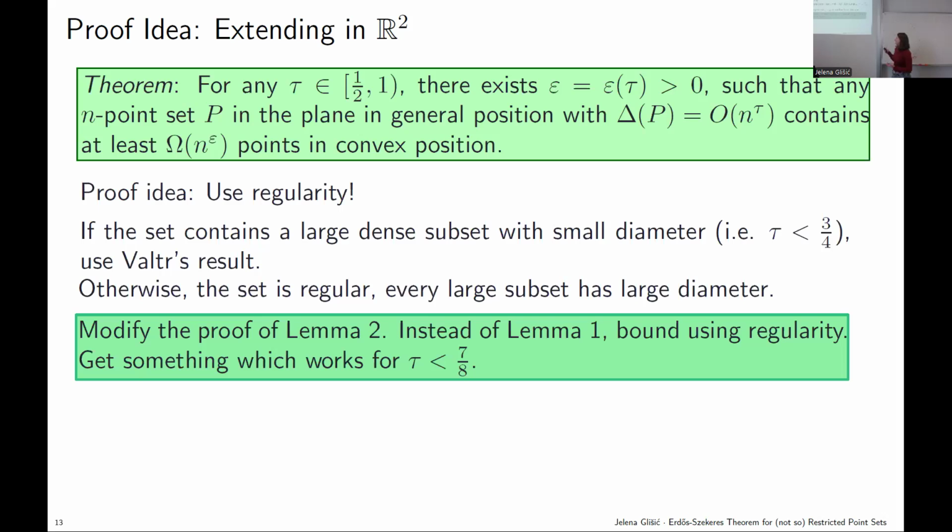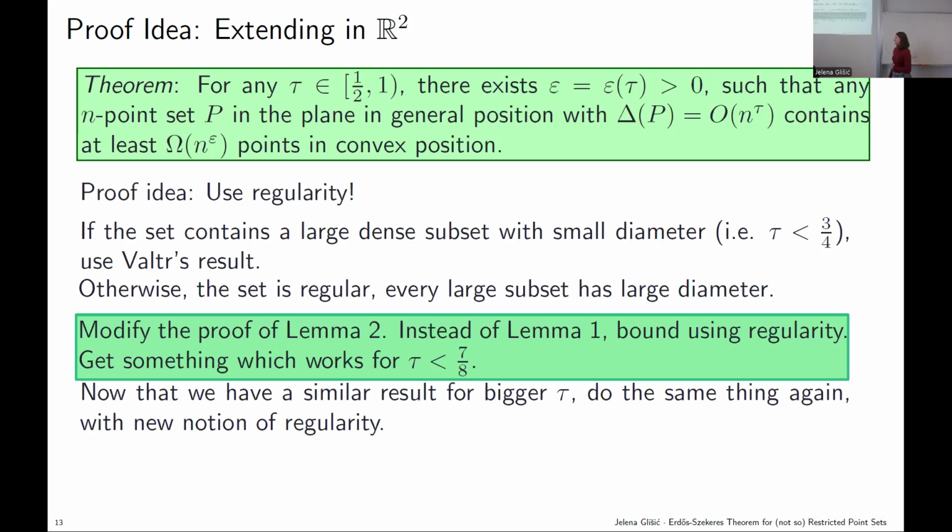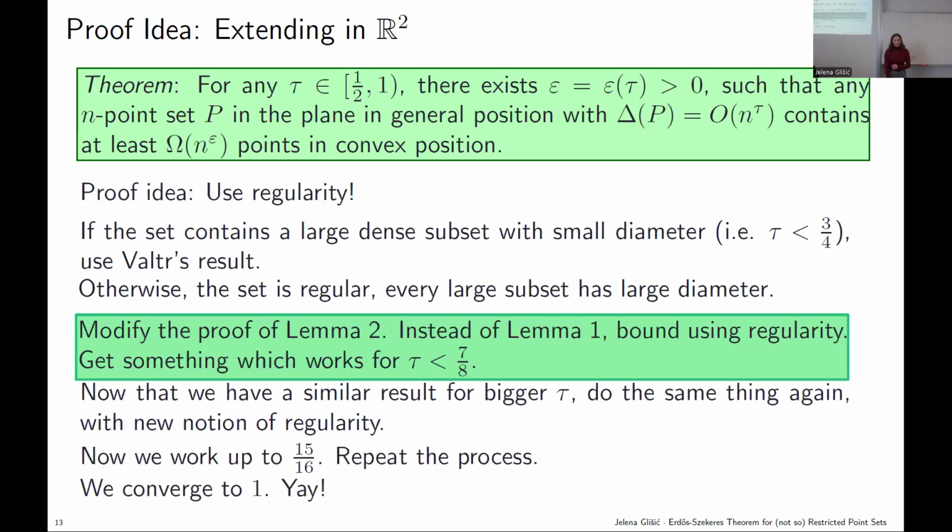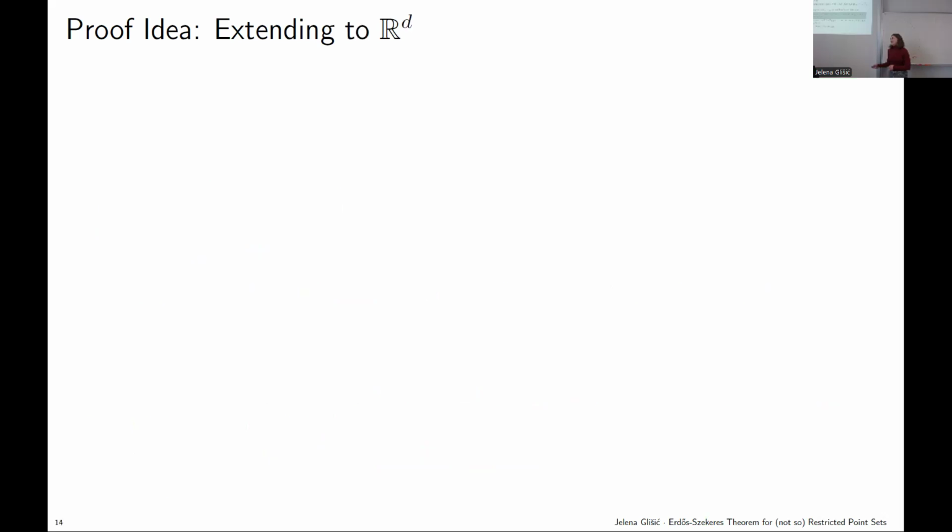And now, if you limit the notion of the density with this, you can get something new, which works for now density up to 7/8. And now I do the same thing. Now I redefine what is my regularity and use the new result that I have for up to 7/8. And now I get something which works up to 15/16.